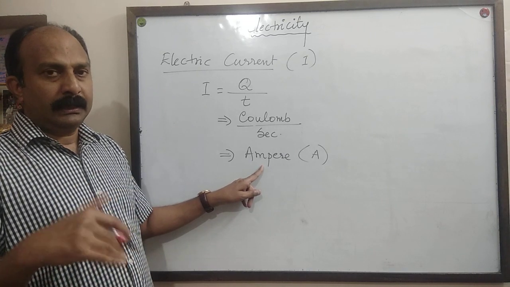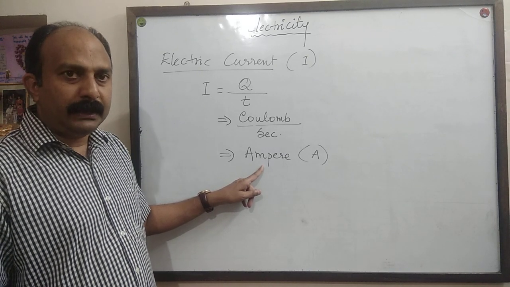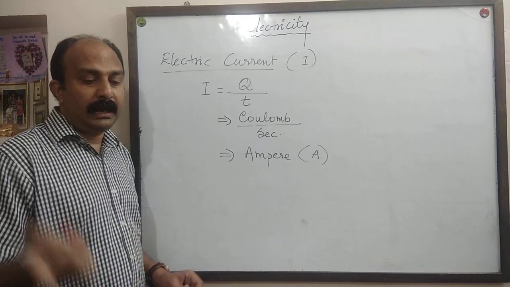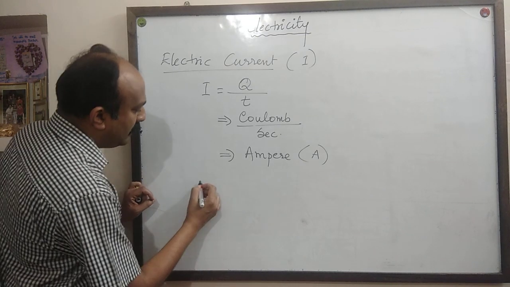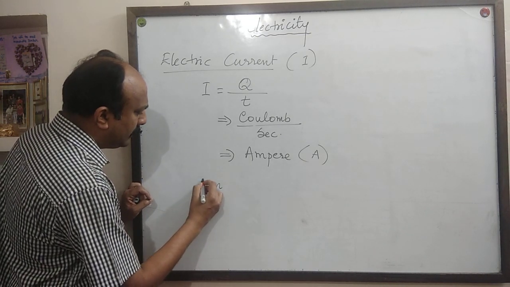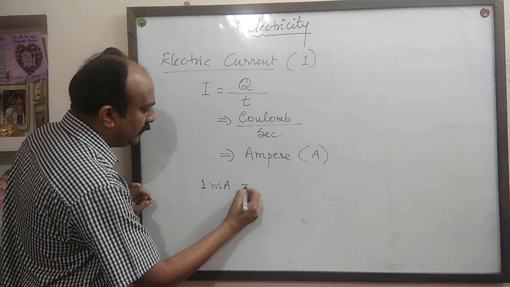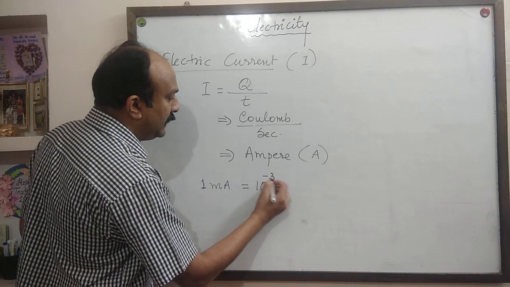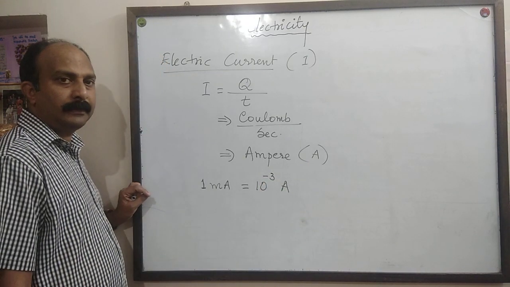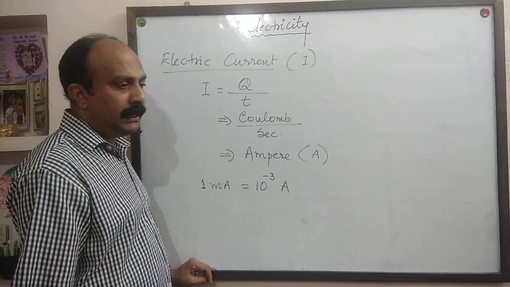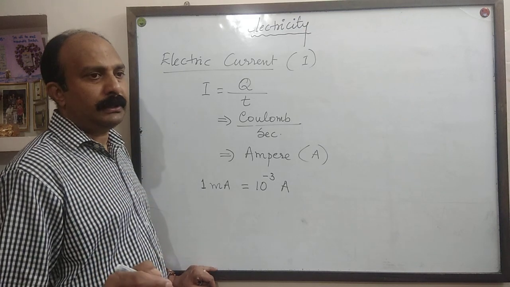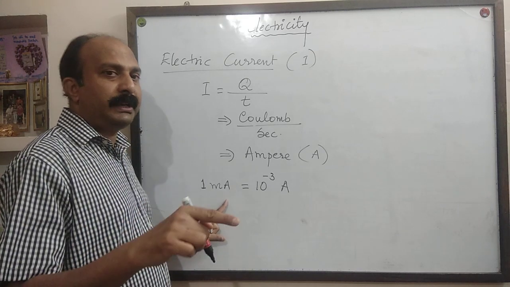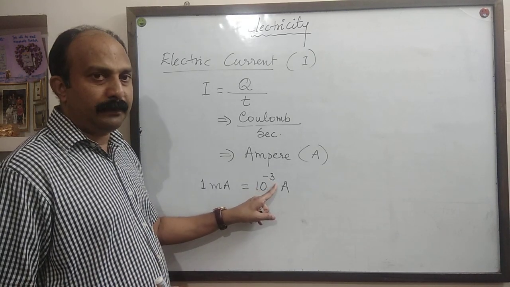Now, the smaller units of ampere are milliampere and microampere. 1 milliampere, small m, capital A, is equal to 10 raised to minus 3 ampere. Milli means 1 upon 1000. So here also 1 milliampere is equal to 1 upon 1000 ampere or 10 raised to minus 3 ampere.